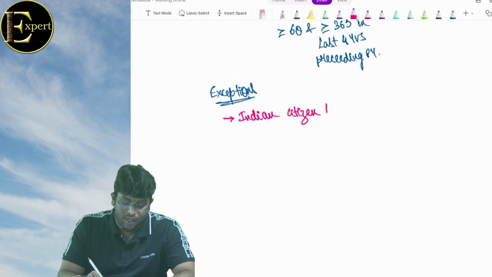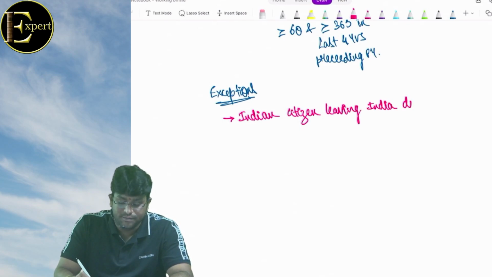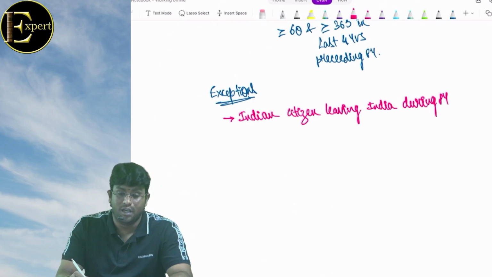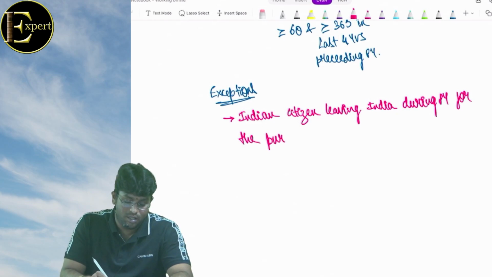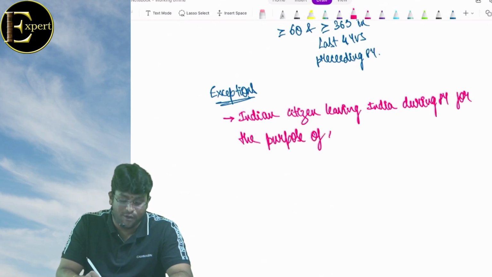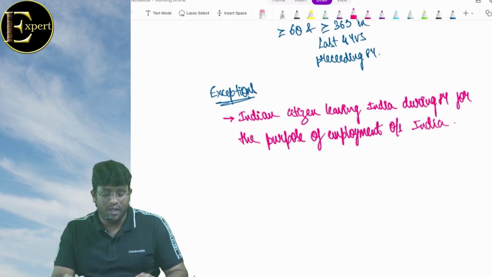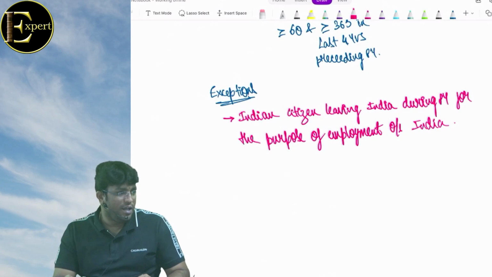Come on, first point: Indian citizen leaving India during the previous year for the purpose of employment outside India.